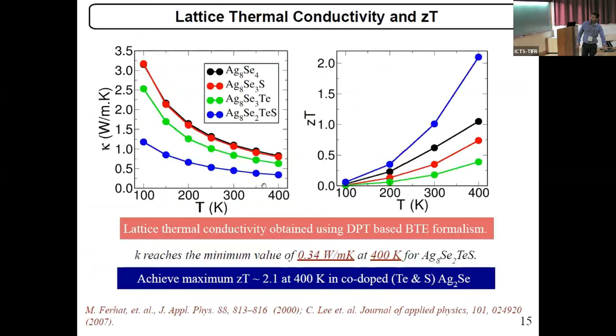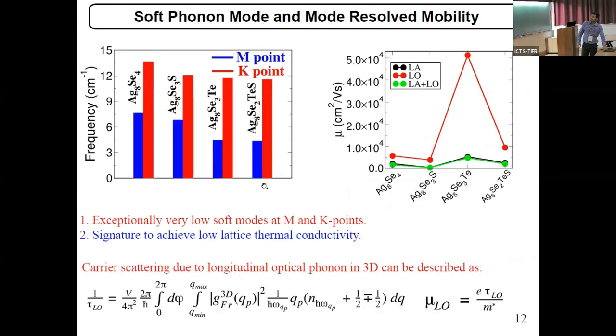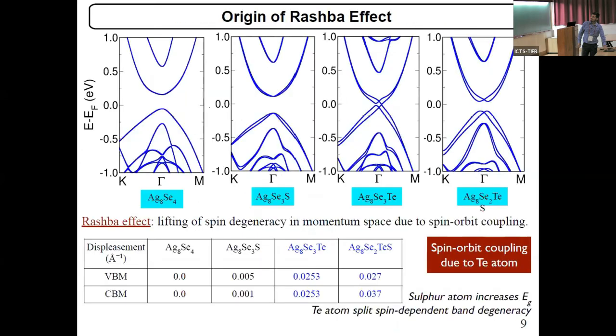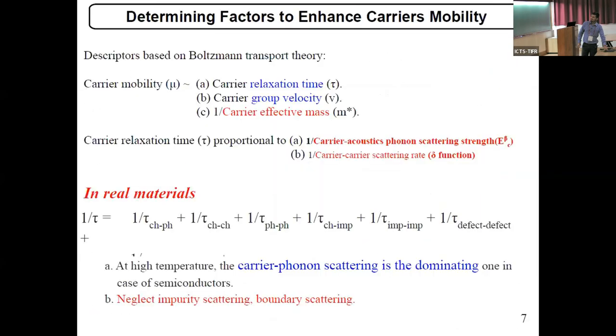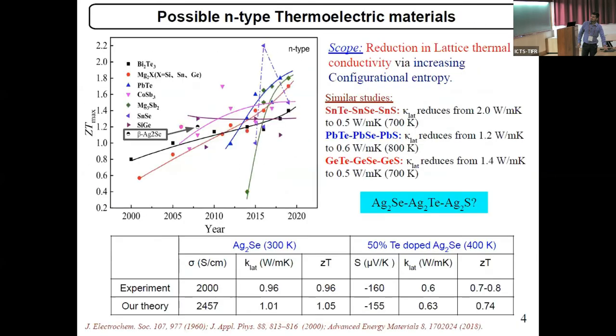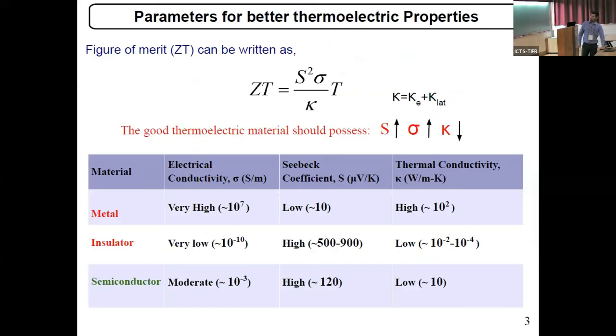At the very first slide, you mentioned that semiconductors are good for thermoelectrics. Why is that so? Maybe I'm confused. You said that electrical conductivity is very high for metals, and thermal conductivity is also very high in metals, but in semiconductors it is moderate and low.